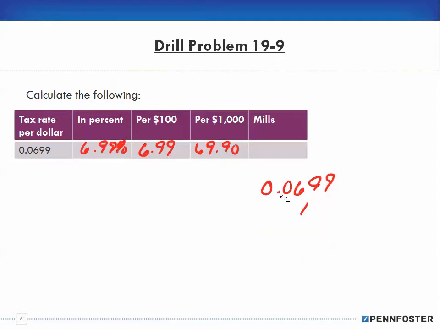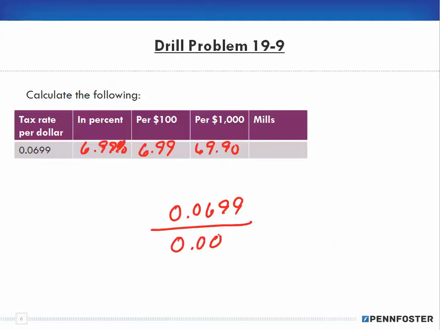And for the mils, we're taking the 0.0699 and dividing it by 0.001. That's going to give us 69.90 in mils.